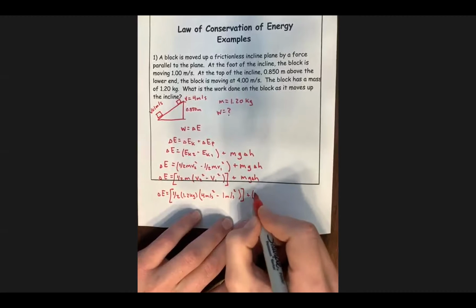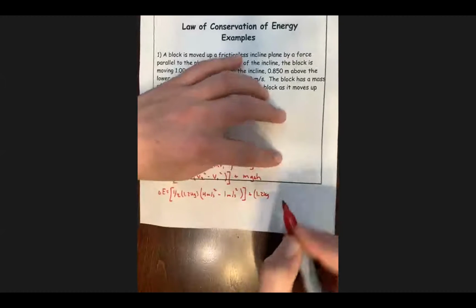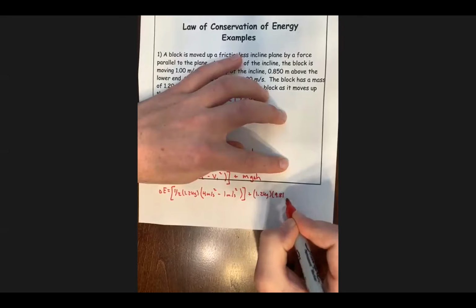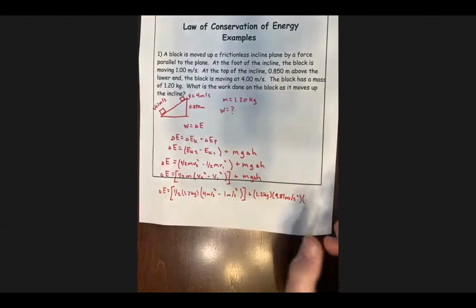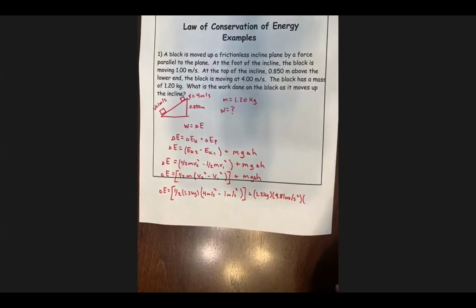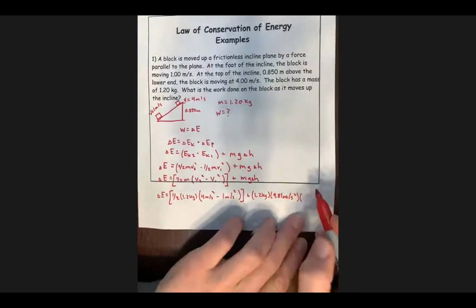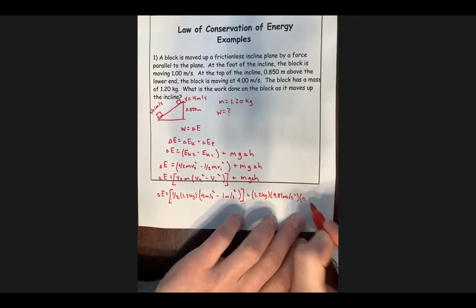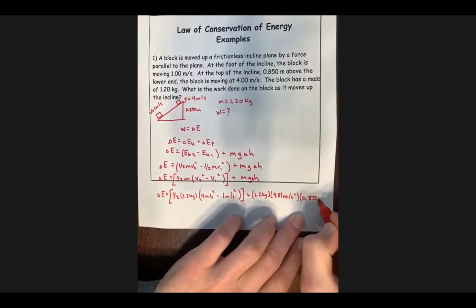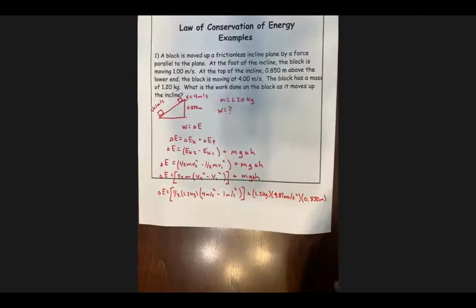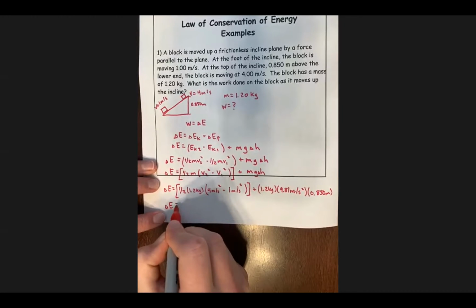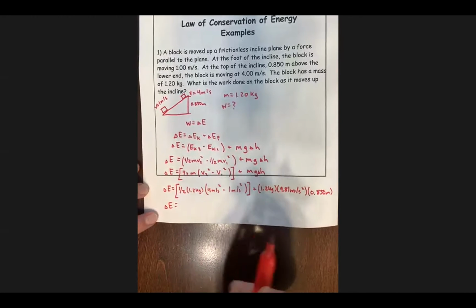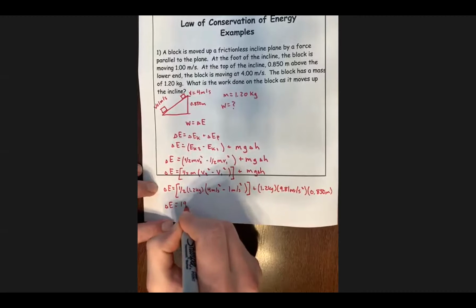Our mass is 1.2 kilograms, g is 9.81 meters per second squared, and our change in height is 0.85 meters above the lower end. We're gaining height, so that's going to be a positive value. So this is what our term looks like, and if we enter that into our calculator, we will get a change in energy of 19.0 joules.